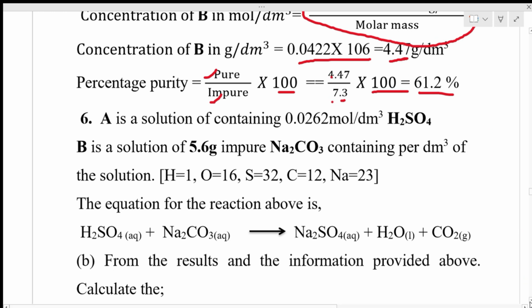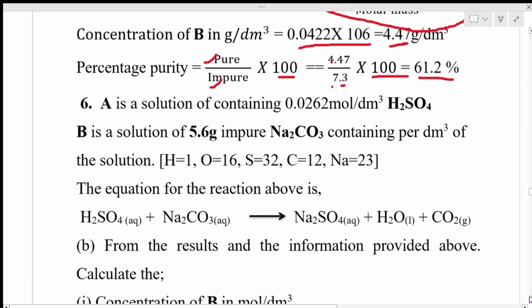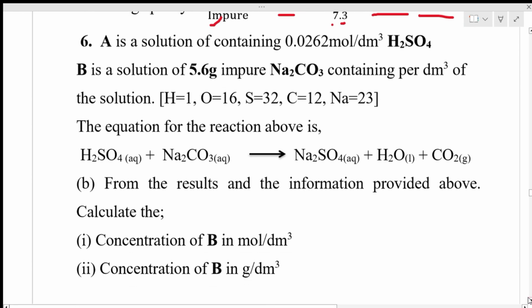Alright, second to the last question as we close for this titration, because I know that when you follow the steps given in this particular video, of course you get A. Another question: A is a solution containing 0.0262 mole per dm³ of H2SO4, while B is 5.6 impure.